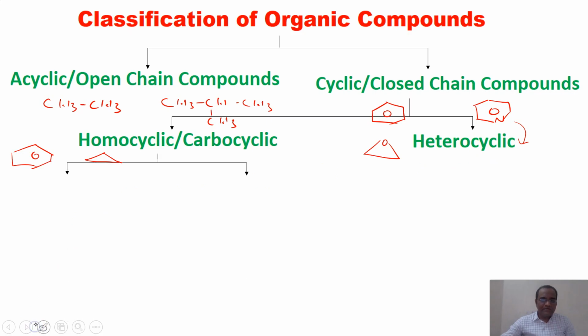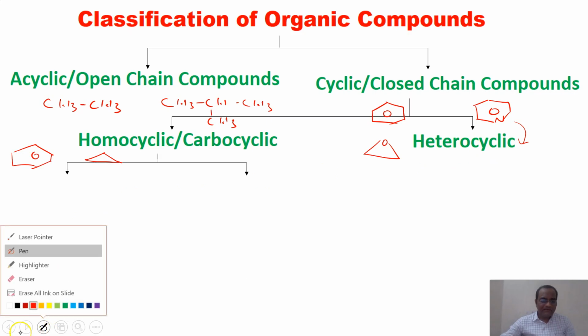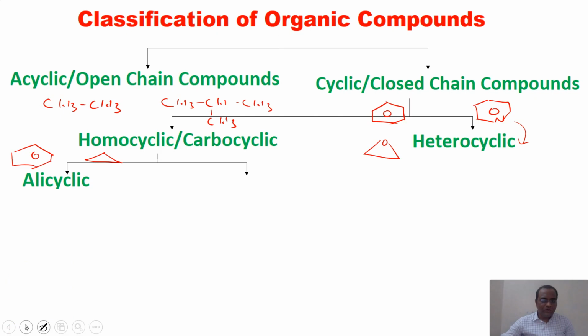Further, these homocyclic compounds are divided into two classes, that is alicyclic or aromatic. So what is now the difference between alicyclic and aromatic? See, this kind of structures, like I will write here a structure of cyclobutane or cyclopropane. Both these compounds come under the alicyclic class.